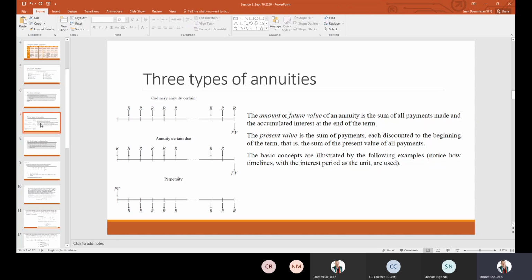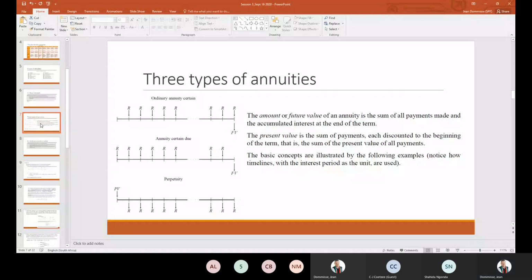You can think of that as something to do with retirement, where you have a lump sum, you get your money from your retirement fund, and now you stop working and get a monthly salary from that retirement money. That is like a perpetuity. So those are the three options.